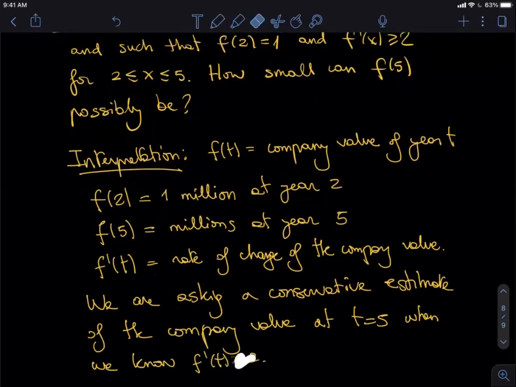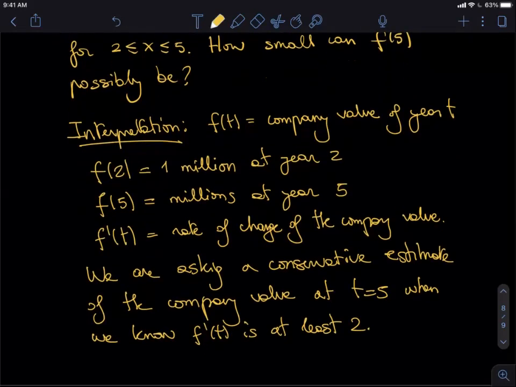The rate of change is at least 2. So the analysts may have reached the conclusion that in this period, the years 2 to 5, the company is expected to have a potential for growth or rate of change of at least 2. That would be millions per year, I guess. So we can have this type of interpretation in mind.